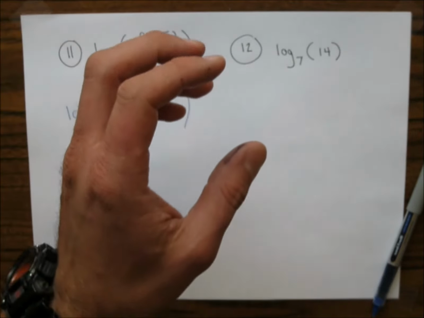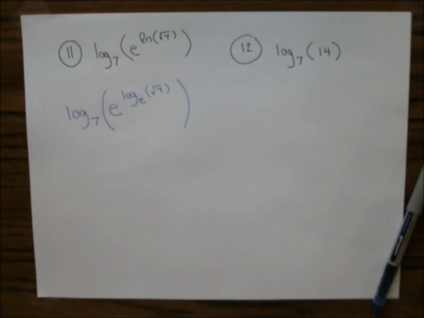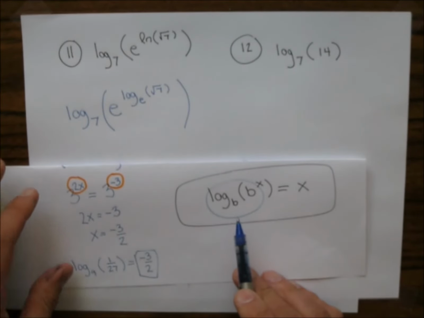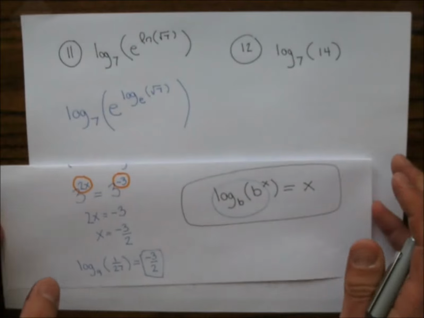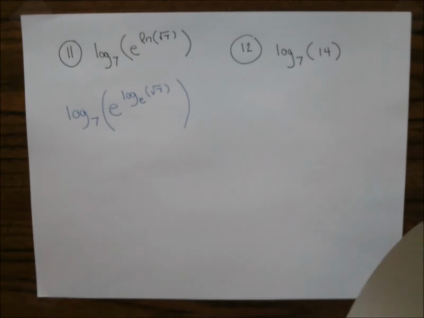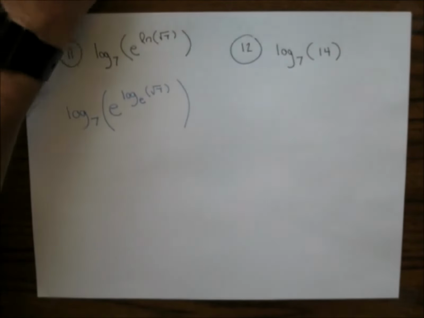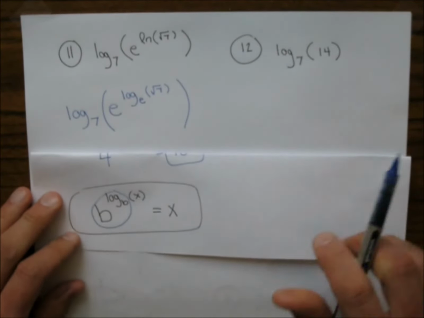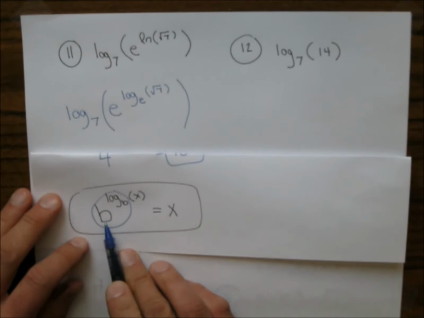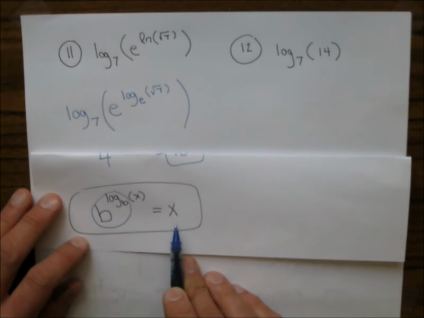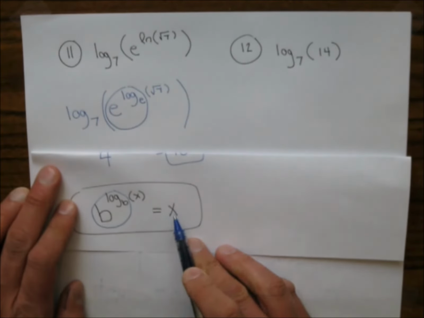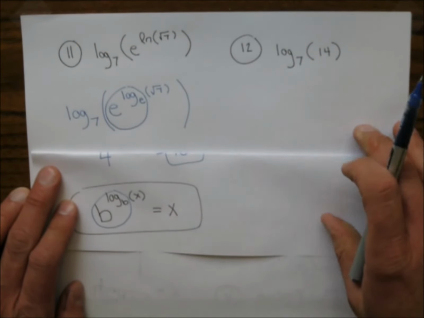Oh yeah, it's this one right here. No, not the right one. Here's the property right here. Okay, where you have b raised to the log base b of x, that goes pop, and you just get the x. So look what's going to happen here. You've got the same situation right here. You're just going to get the argument, which is root 7.